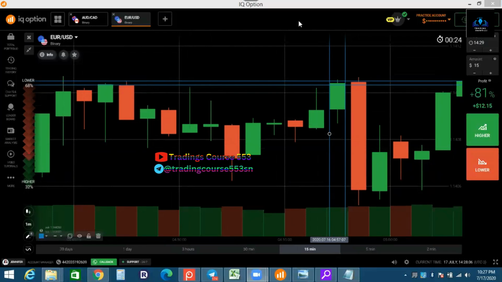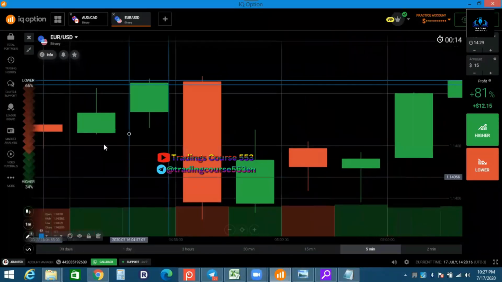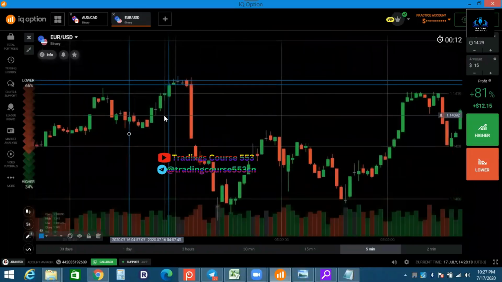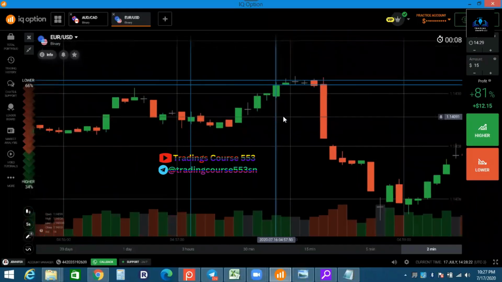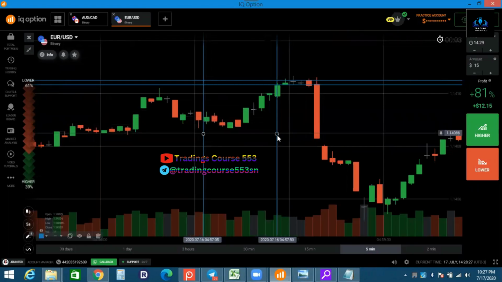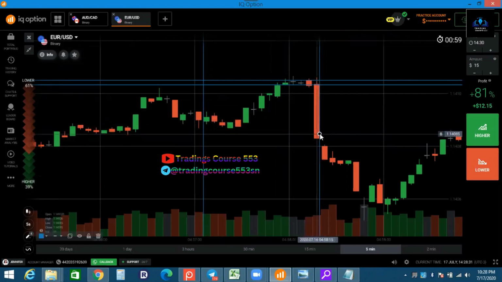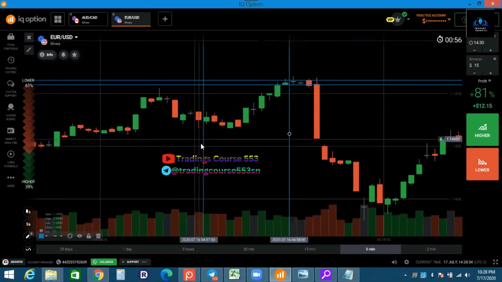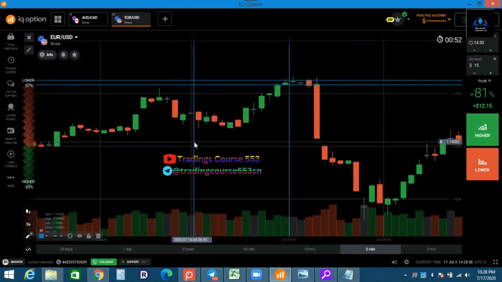Just I want to show you. Here we know that volume is increasing. So the 5 second confirmation, look at now. These are the 12 candles, and these are the 12 candles.